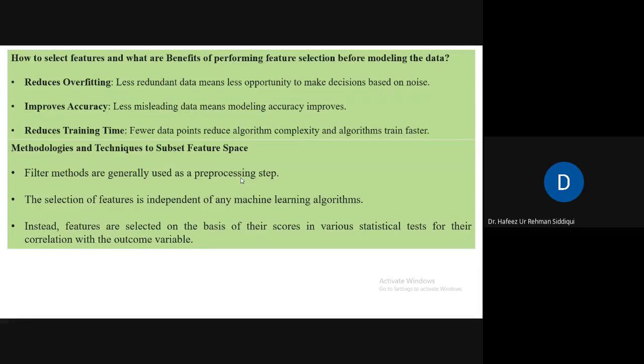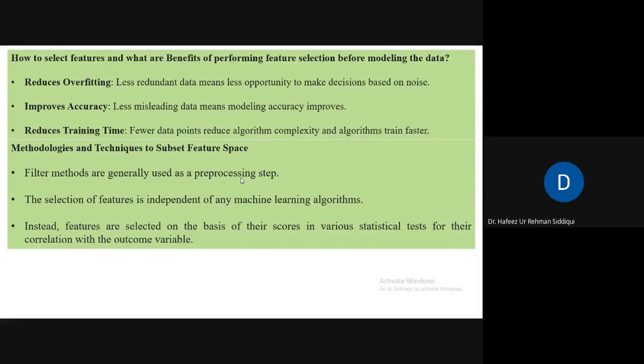Methodologies and techniques to subset feature space. So what are the methods to subset the feature space? There are different methods. Filter methods are generally used as a pre-processing step. The selection of features is independent of any machine learning algorithm. When you select some features, it doesn't have to do anything with the machine learning.